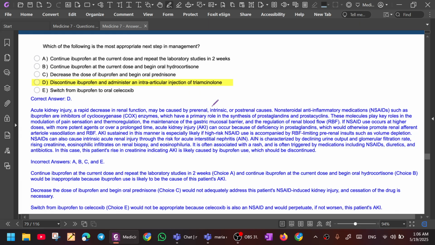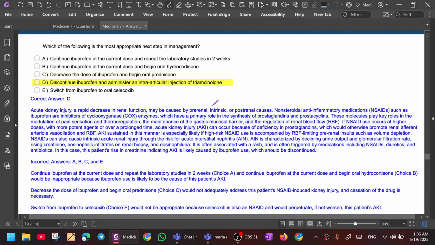It is often associated with rash. It is often triggered by medication including NSAIDs, diuretics, and antibiotics. In this case, the patient's rising creatinine indicates AKI is likely caused by ibuprofen use, which should be discontinued.